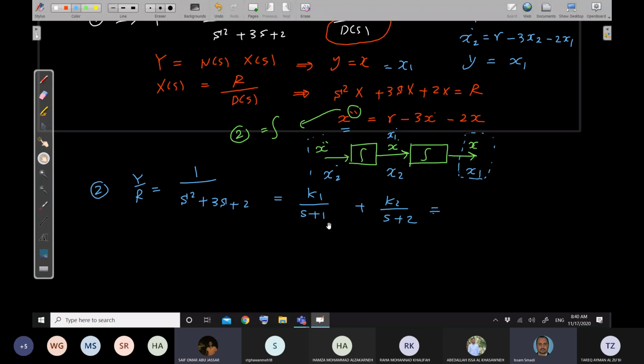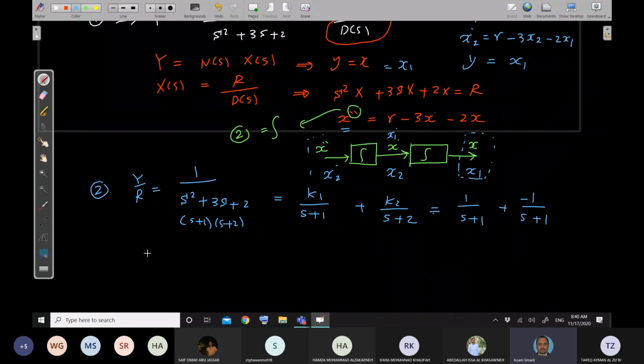Haitham Burhan. Doctor, as usual we put k1 equals s plus 1 times 1 over s squared plus 3s plus 2. Yes. So check. This will be 1 over s plus 1 plus k2, check, minus 1 over s plus 1.